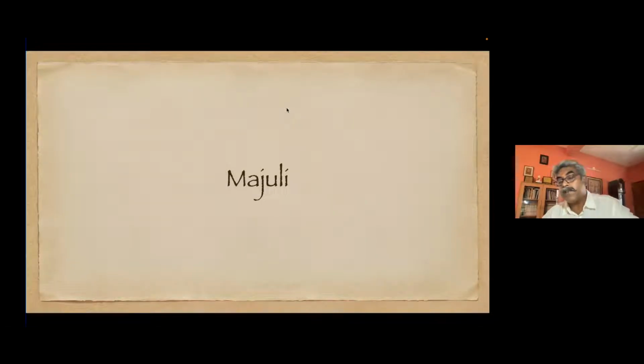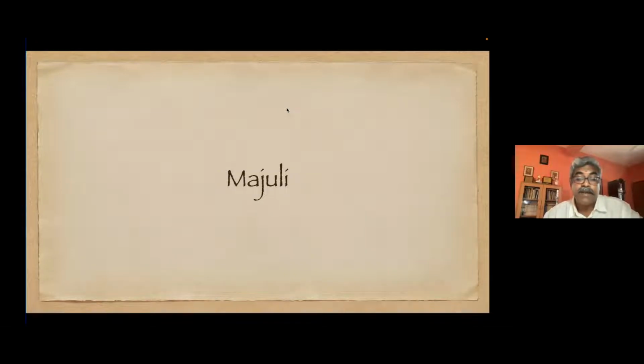Now, this is not a natural island. It was formed sometime in the 1500s, when there was a massive series of earthquakes, which caused a massive flooding of the Lohit and the Brahmaputra rivers. And the silt which got deposited formed the Majuli Island.